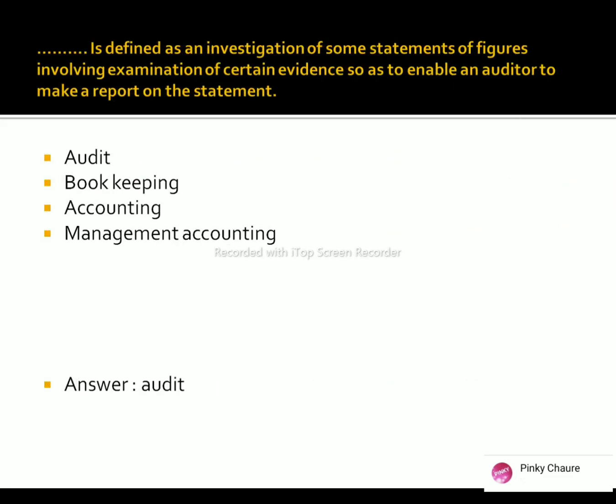Dash is defined as an investigation of some statements of figures involving examination of certain evidence so as to enable an auditor to make a report on the statement. Option is audit, bookkeeping, accounting, management accounting. Answer is audit.